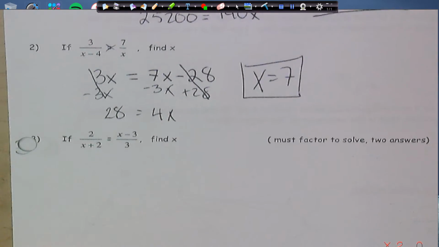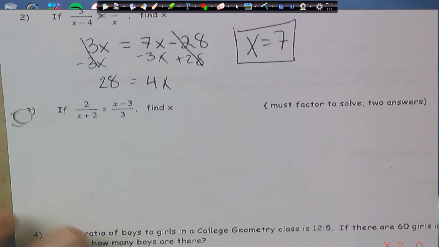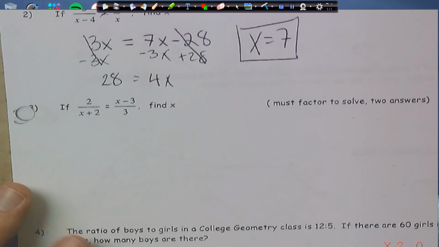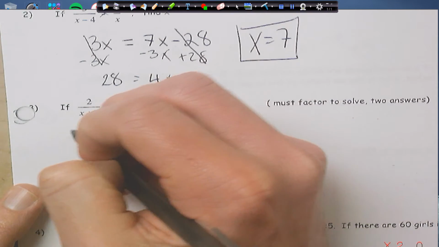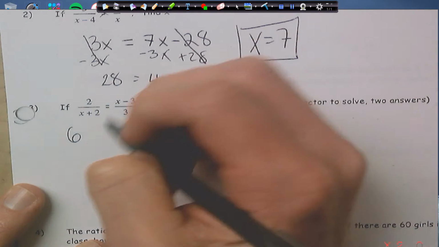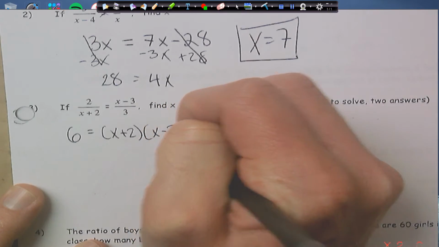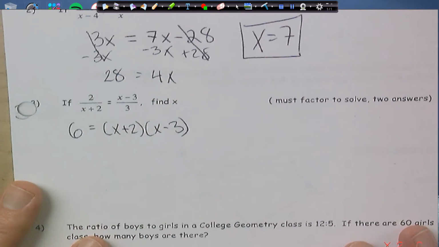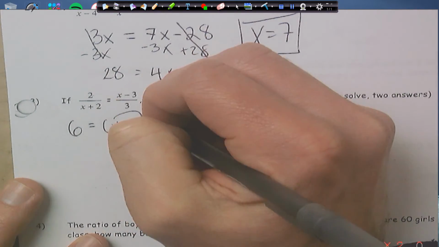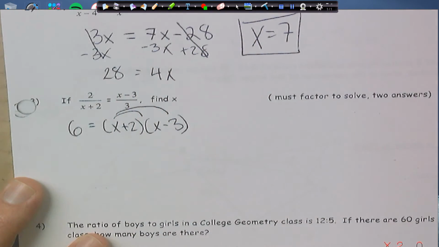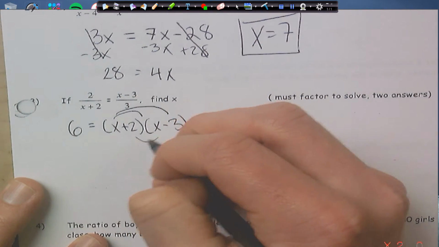All right. Okay, here we're going to have a factoring problem. We're going to see one of these on our test for sure. So let's go ahead and jump in. 2 times 3 is going to give me 6, equals x plus 2 and x minus 3. Now I didn't write them out yet because I want to show you how we distribute. So we're going to distribute x to both terms and 2 to both terms.